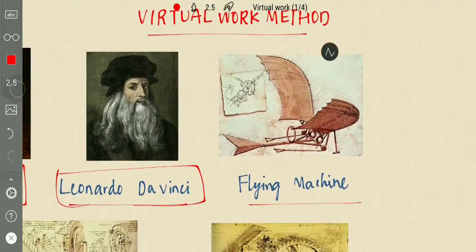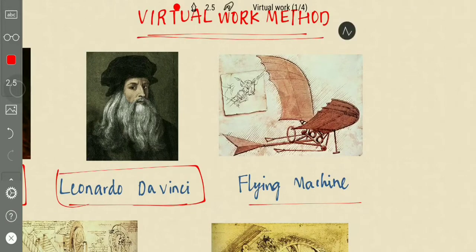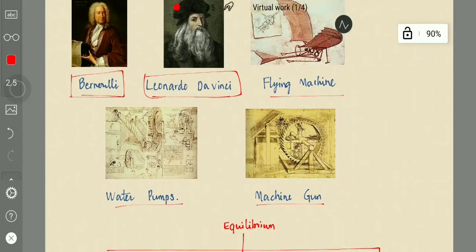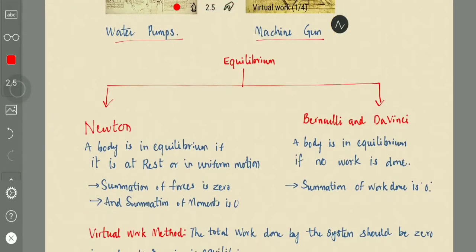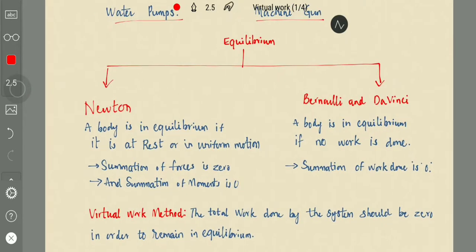This method is used rather than Newton's laws of motion in some cases. According to Newton, a body is in equilibrium if it is at rest or in uniform motion.